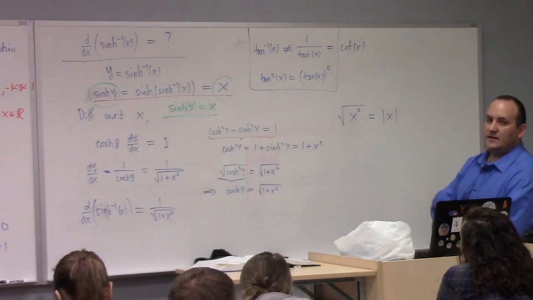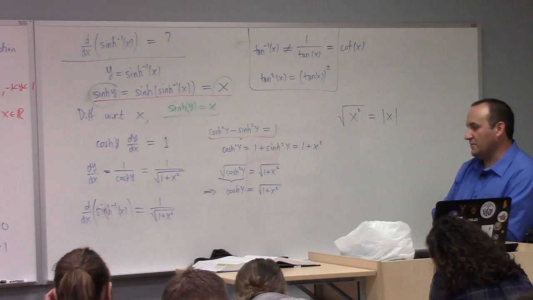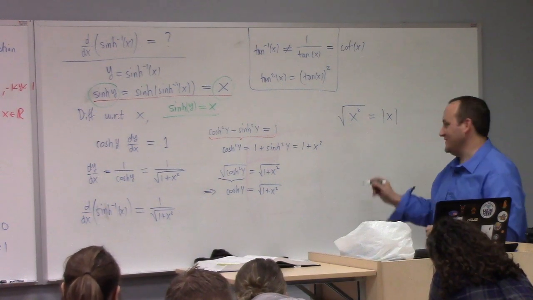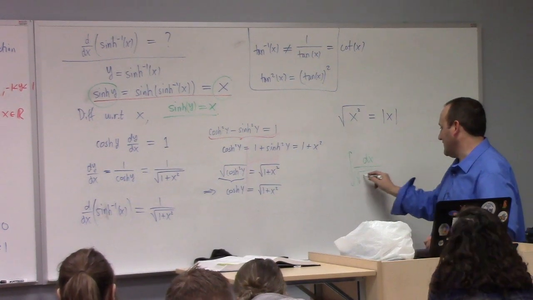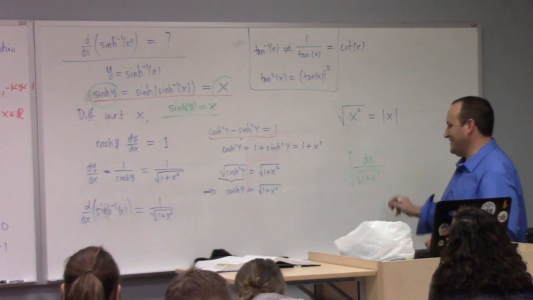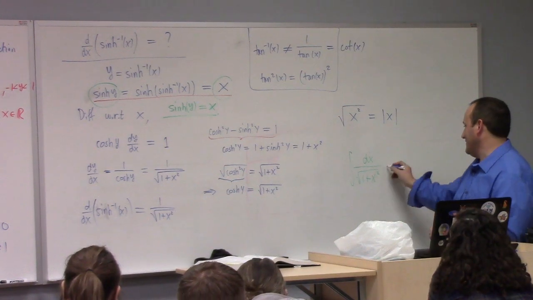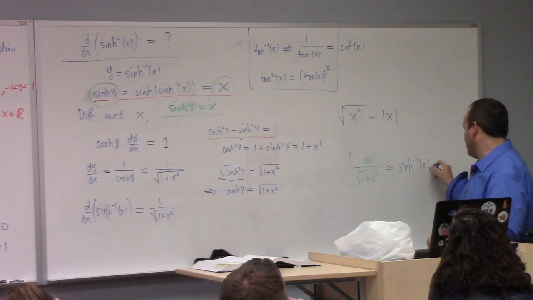So there you have it. The derivative of inverse hyperbolic sine is 1 over the square root of 1 plus x squared. Which is kind of neat, right? Because now if I give you the integral of dx over the square root of 1 plus x squared, you're like, that's easy. That's just inverse hyperbolic sine of x plus a constant.